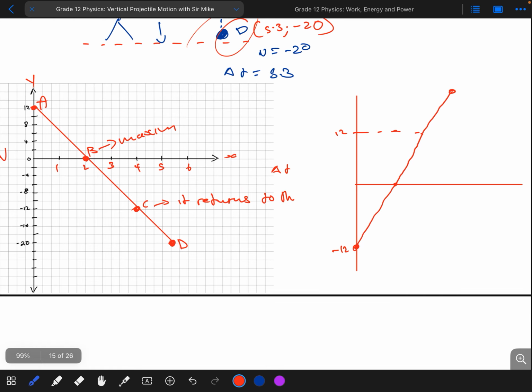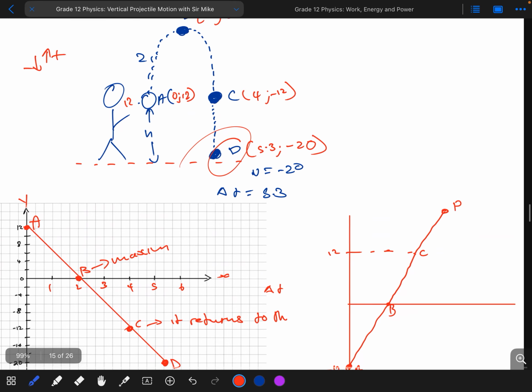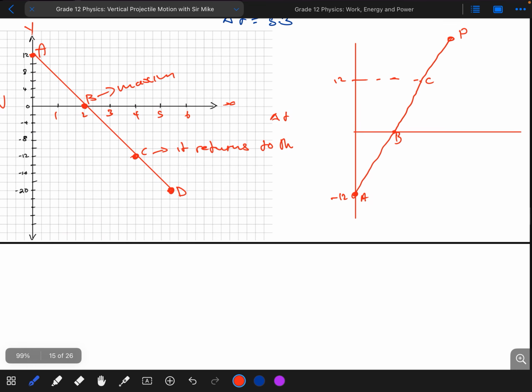That would be point D, that would be point C, that would be point B, and that would be point A. So if we had taken downwards as positive, our graph would have just reflected on the x-axis. The y coordinate simply changes sign.